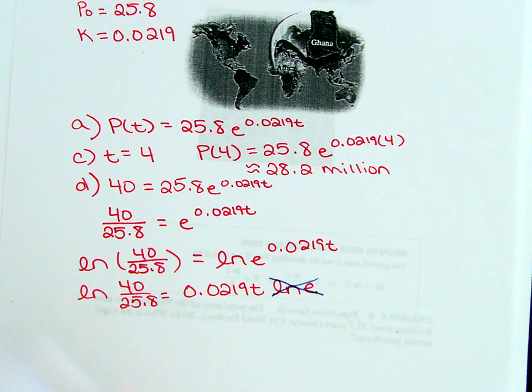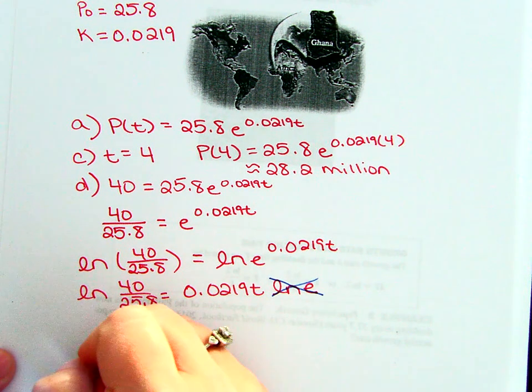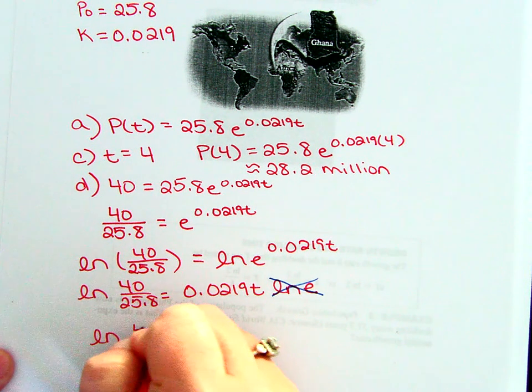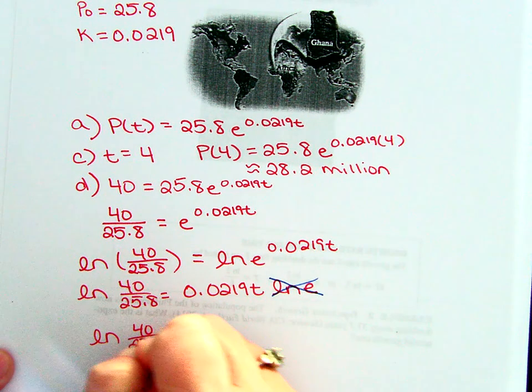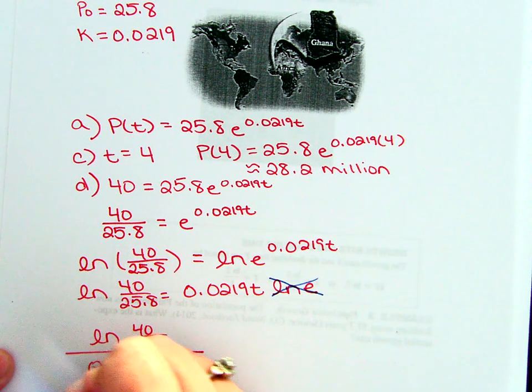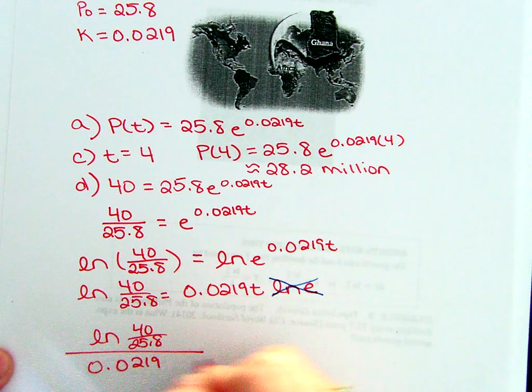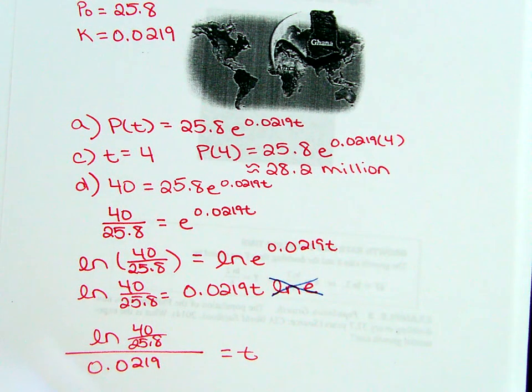So if I'm trying to solve for t, what would I need to do next? Yep. ln of 40 over 25.8, all of that divided by 0.0219 equals t.